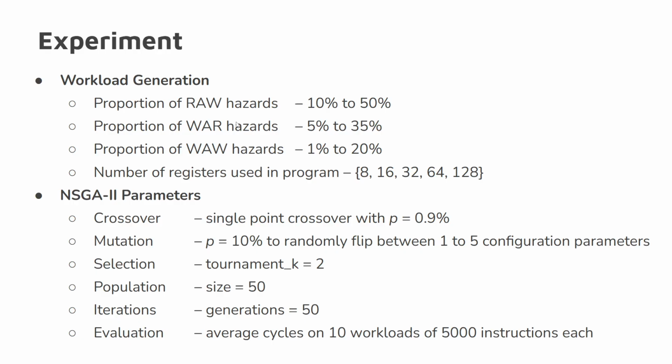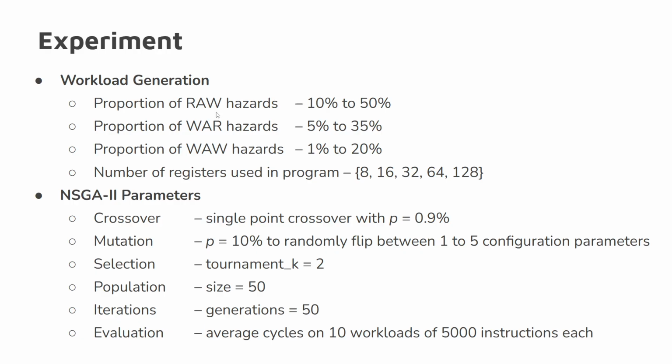So for the experiment, first, this is the method of workload generation. I vary the proportion of the different hazards between reasonable values. So when generating one workload, proportions of different hazards are chosen for all the different instructions.